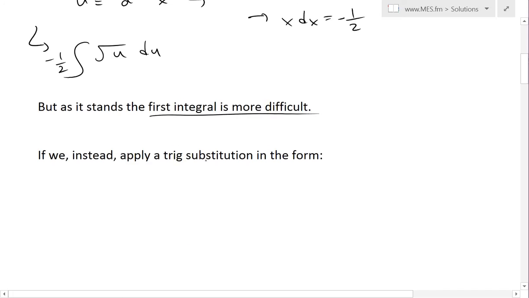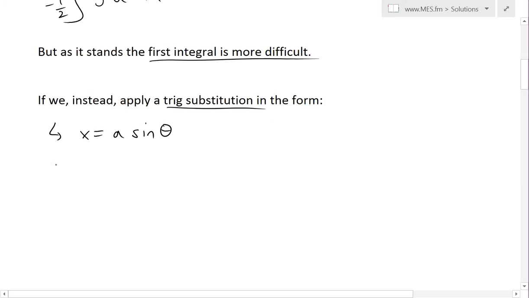If we apply a trigonometric substitution, let's say let x equal a times sine theta, we're now changing the x variable to theta. The reason we're doing this is because the square root of a squared minus x squared becomes the square root of a squared minus a squared sine squared theta.